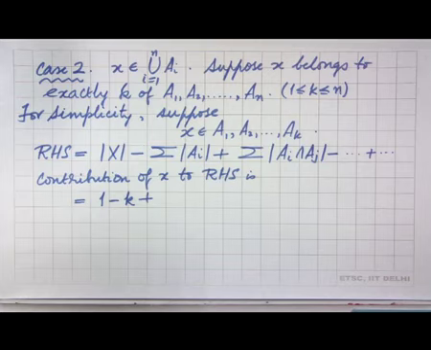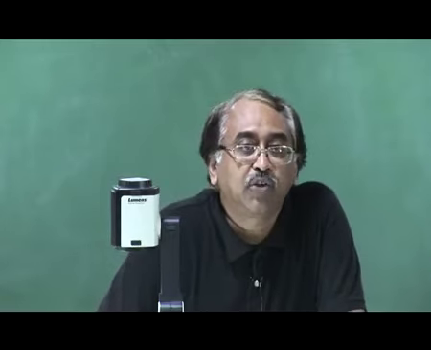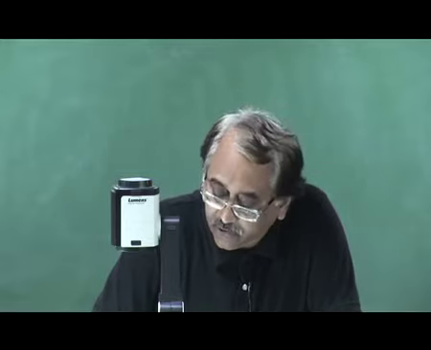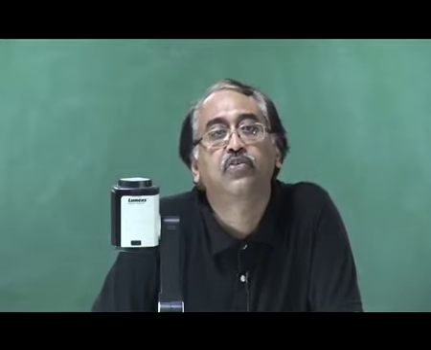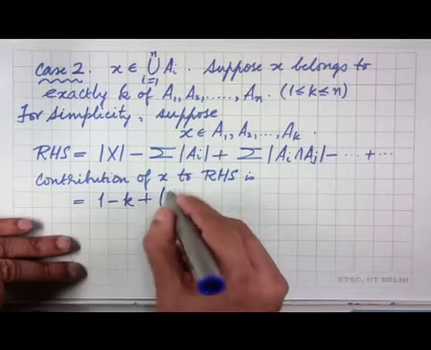In other words, x will contribute plus 1 to the cardinality of ai intersection aj if and only if i and j are both chosen from within the first k numbers. Therefore, the contribution will be as much as the number of ways in which I can pick two distinct elements, i and j, from the first k numbers. We know this to be the binomial coefficient k choose 2.